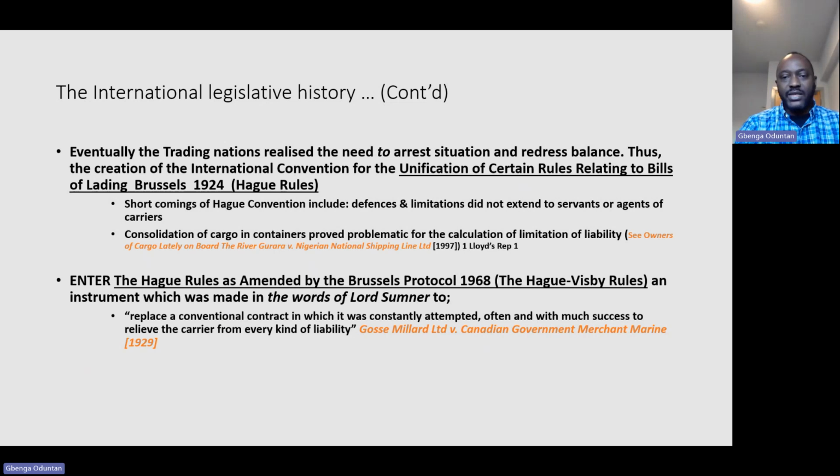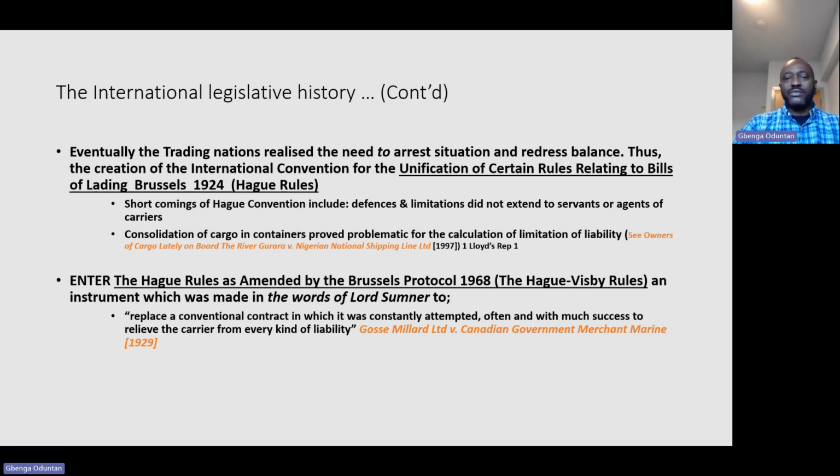And what that meant is that several defenses and limitations were introduced into the Hague rules to protect the ship-owning class. The ship-owning class and the countries where those ship-owning owners come from ensured that the unification of certain rules, the Hague rules, protected their interest.